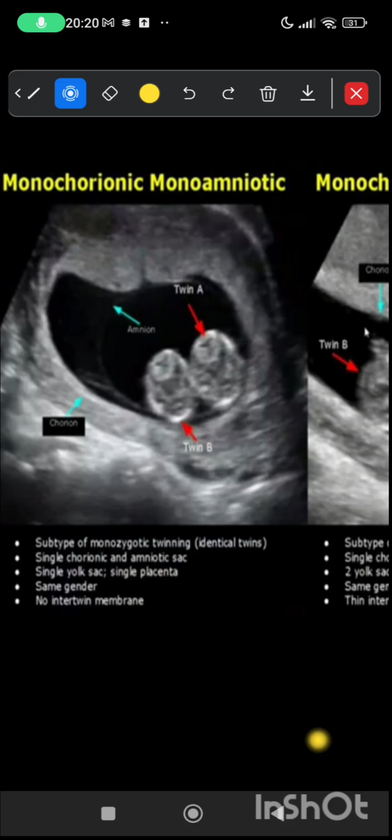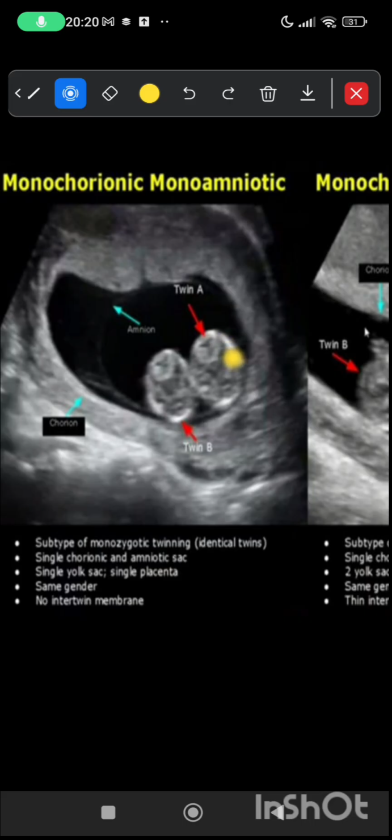Dizygotic twins can result in fraternal or different gender, but all types of monozygotic twins will result in the same gender.